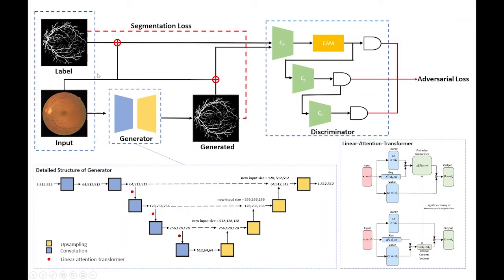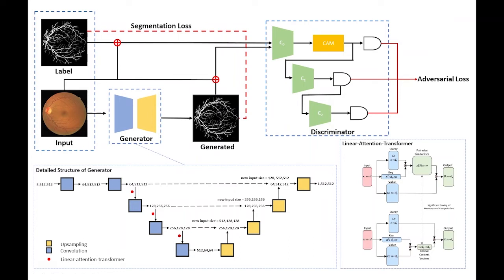For the first group, the discriminator will give a low score, because it thinks the generated image is not real for the input image. And for the second group, the label and input, they are transmitted to the discriminator. The discriminator will give this group a high score because it thinks the label is real for the input images.